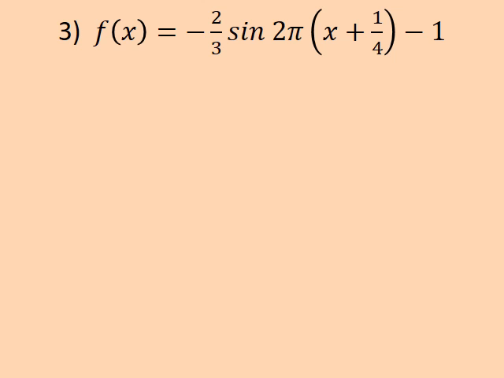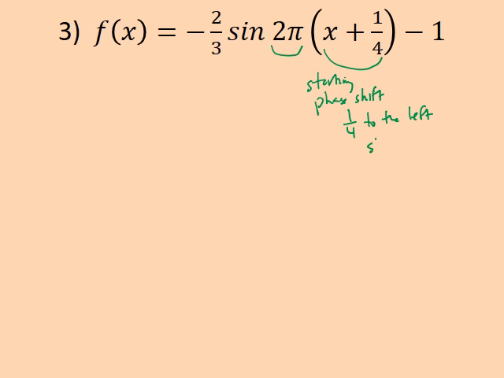You can see in this example that the b value has already been factored out. So you can tell by the x plus 1/4 that our starting point, or our phase shift, will be 1/4 to the left.